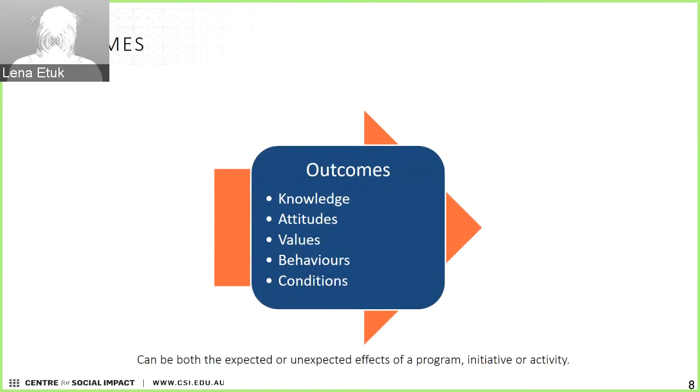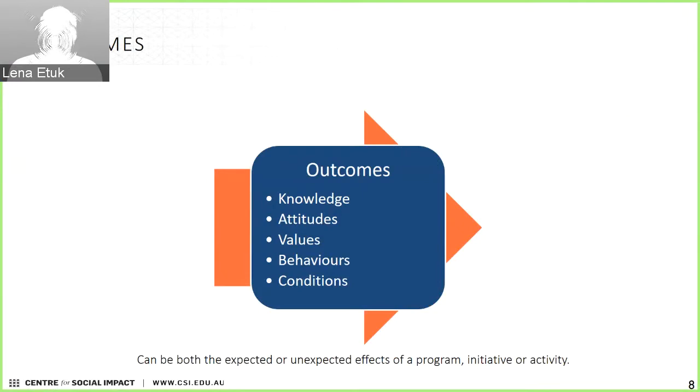And outcomes can be both the expected or unexpected effects of a program, initiative, or activity. Generally, we always want the expected effects, but sometimes there are things that we just don't anticipate in terms of what will happen as a result of a program. And that's still an outcome. Even if it's an unexpected outcome, it's still an effect of the program.